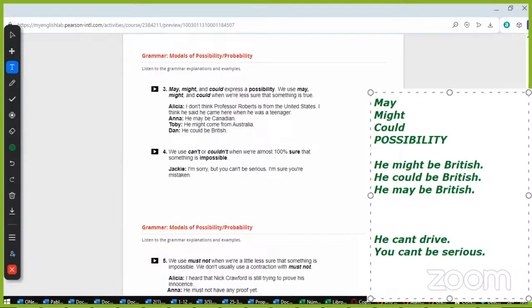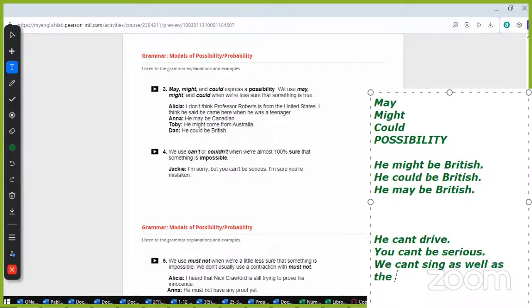Or we can't sing as well as the other group.